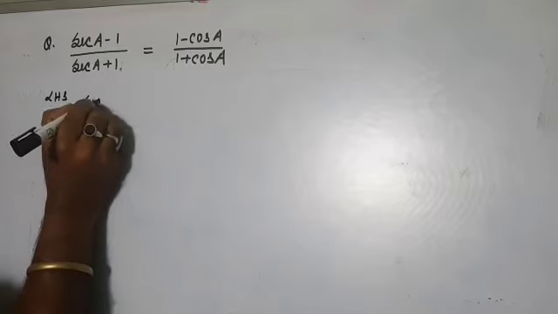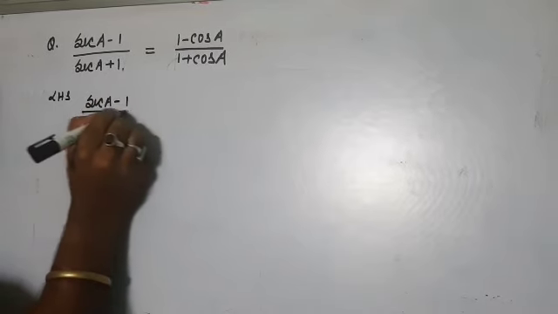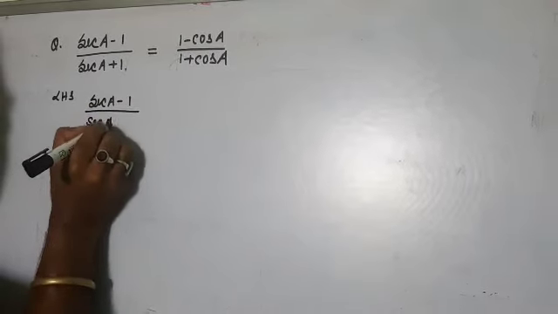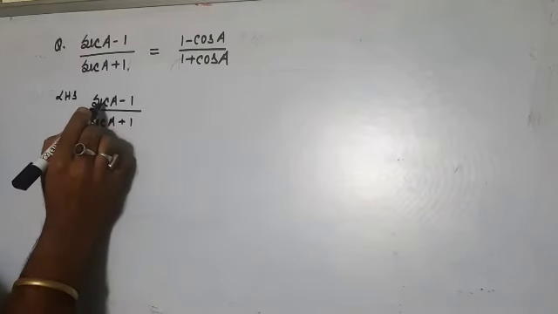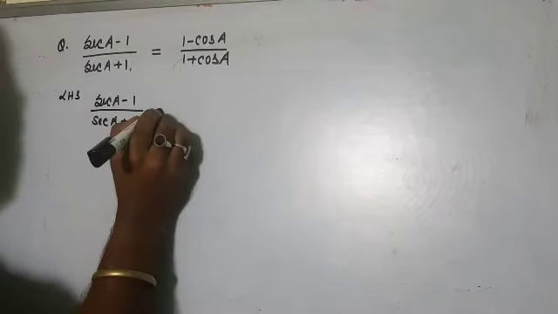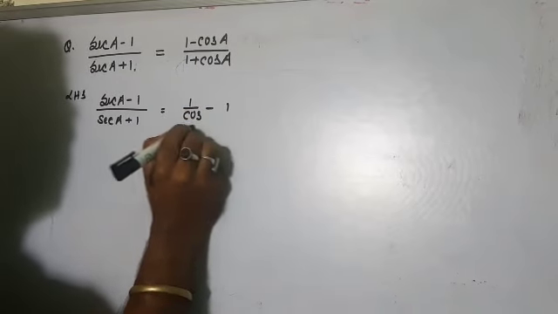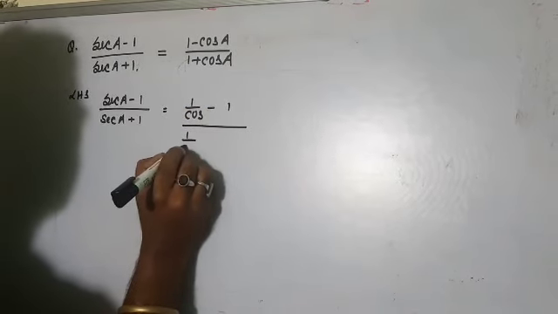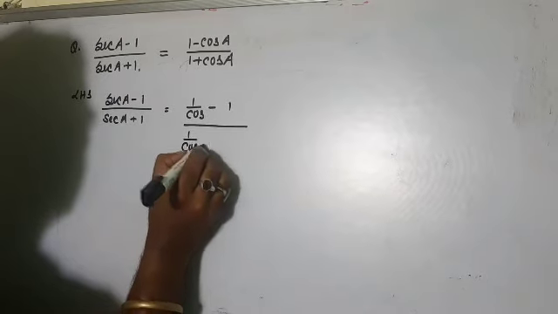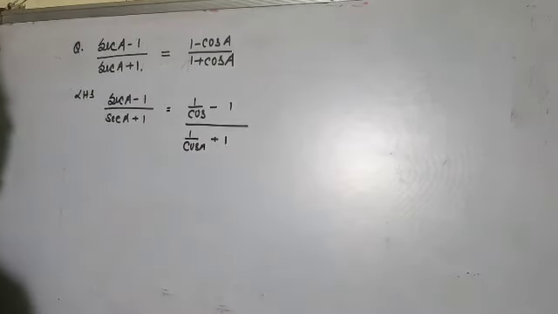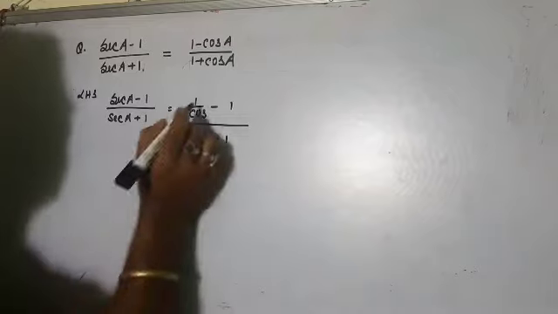So LHS: sec a minus 1 and sec a plus 1. You just change sec a. So sec a we can say 1 by cos a minus 1, whole divided by, again sec a changed to 1 by cos a plus 1. So what is the LCM?